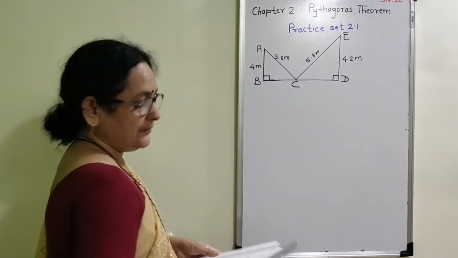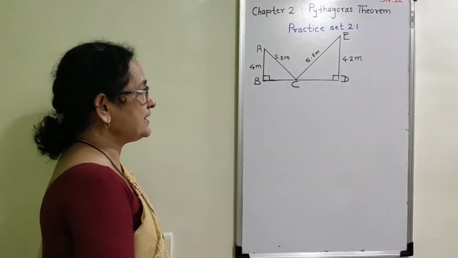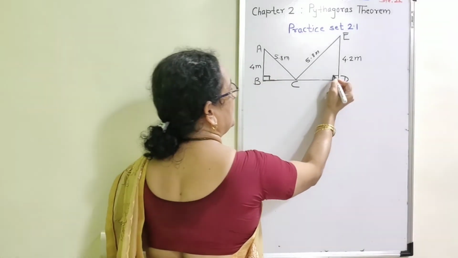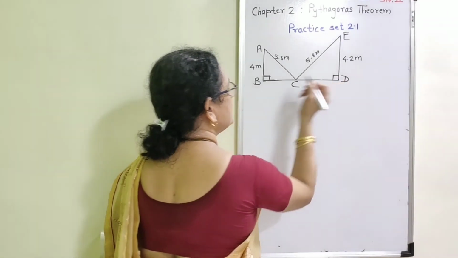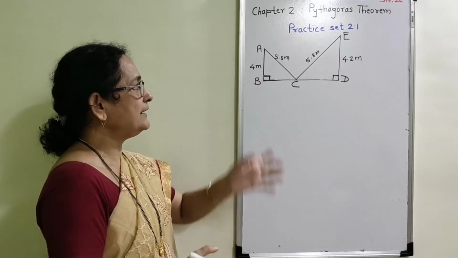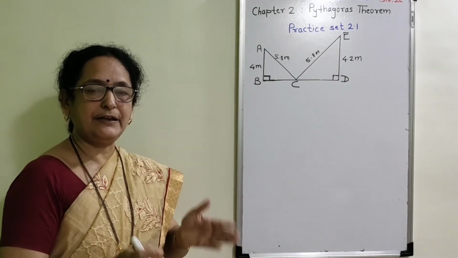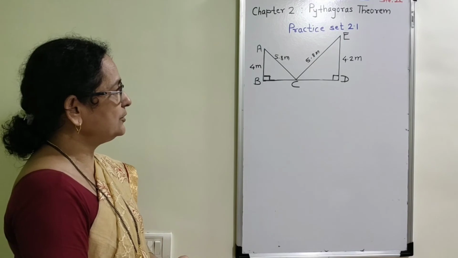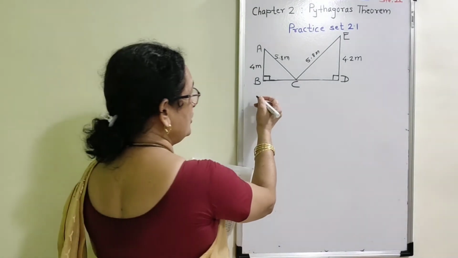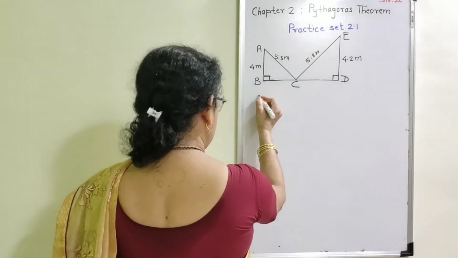Now here, the first important thing in such examples: the walls are considered to be perpendicular to the ground. First of all, we need that concept, and then we will get two right angle triangles and we can easily apply Pythagoras theorem.